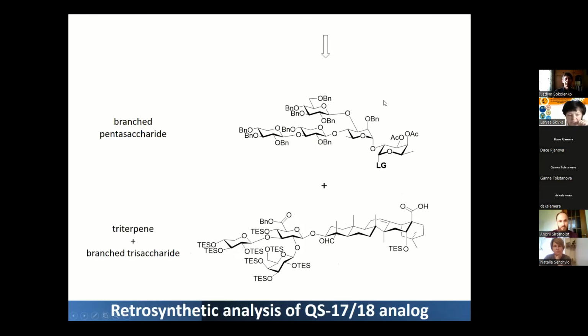Now, when we have those two molecules which have a similar complexity, we can develop their synthesis. For branched pentasaccharide, the synthesis was done from monosaccharide units, but for this compound, the synthesis was actually much easier. Why?